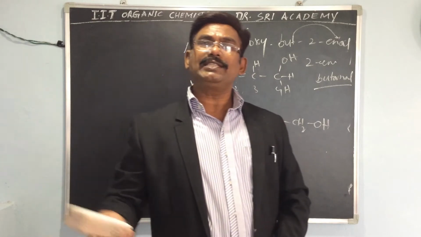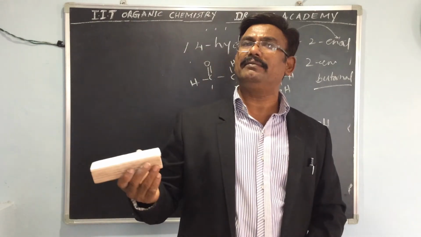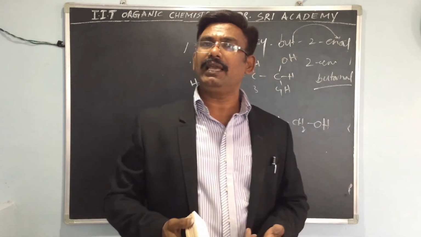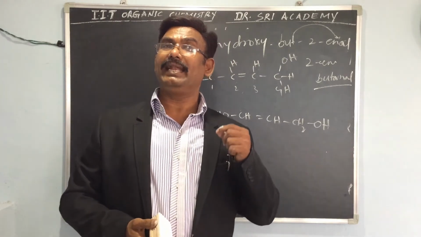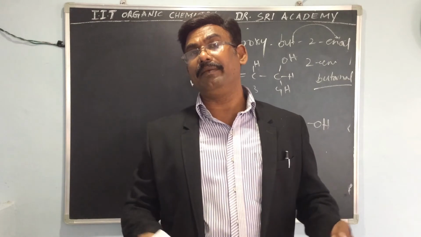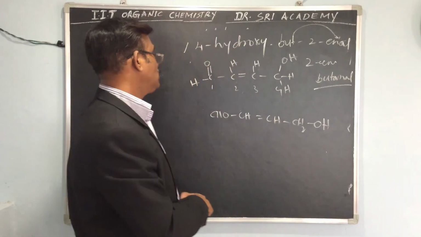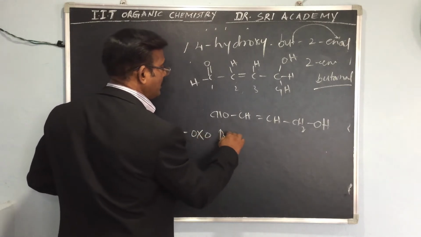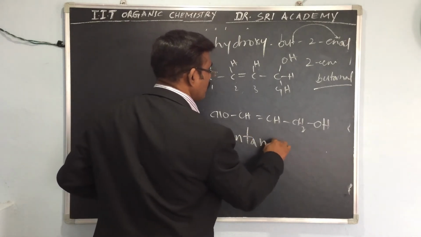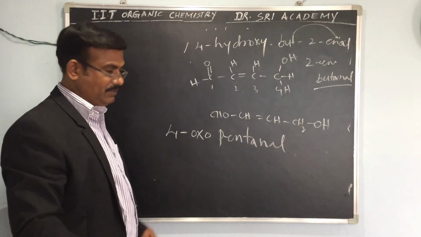Okay, one more example if you want. I will give one example: 4-oxopentanal. How can you give the structure? What is the structure of this compound?